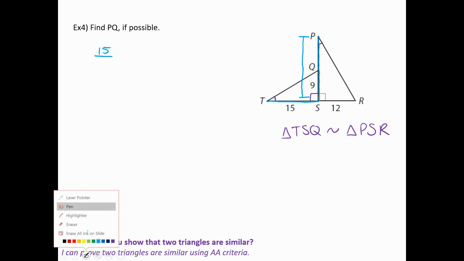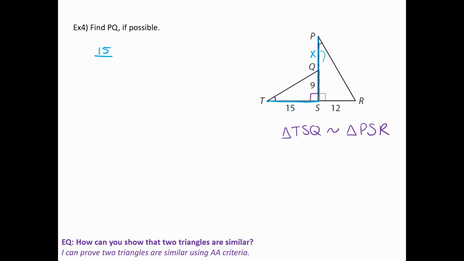Okay, I might actually take this out. Let's see if we can do it without this. Okay. All right, so that length, I don't have a measurement for it. I know part of it is 9, but I'm missing the P to Q, which is what I'm trying to find. So I'm going to call that P to Q X. Then the whole distance, if you recall, we talked about this on a different problem, I could call that whole length 9 plus X or X plus 9.